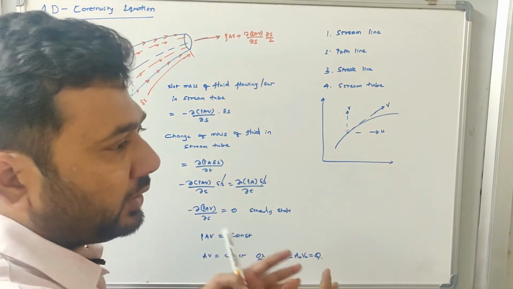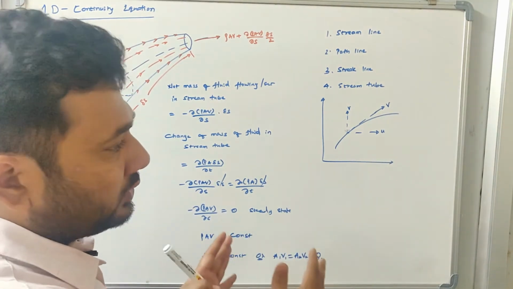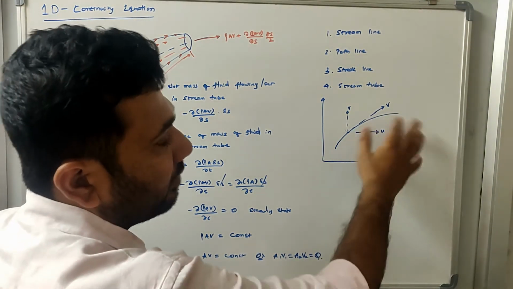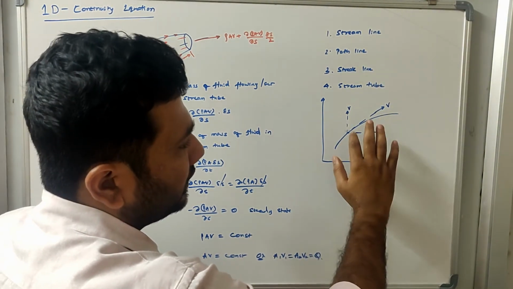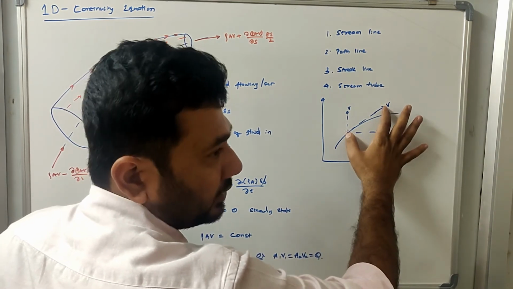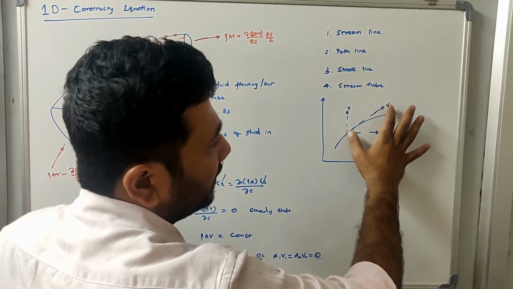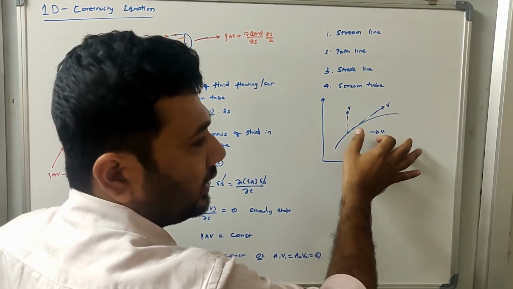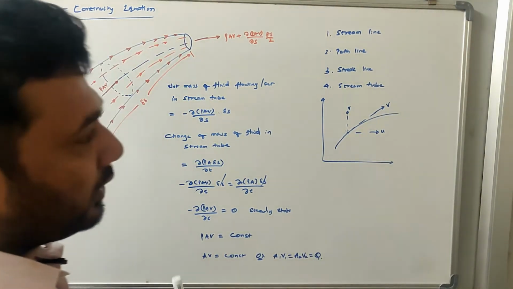For example, if time t is 9:30 or something, at that particular time you can generate these streamlines. If you draw a tangent at any point, it will give you the velocity. From this resultant velocity you can calculate the components of velocity in x and y. That is what you need to identify.